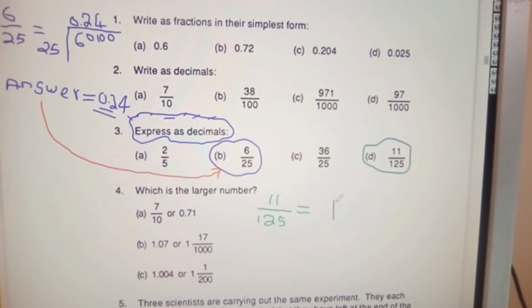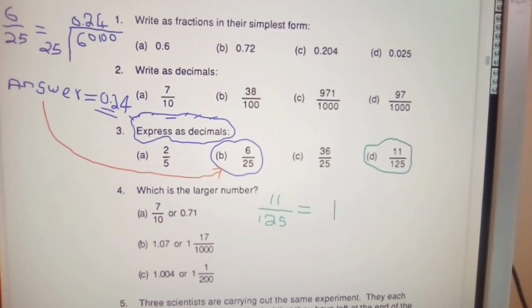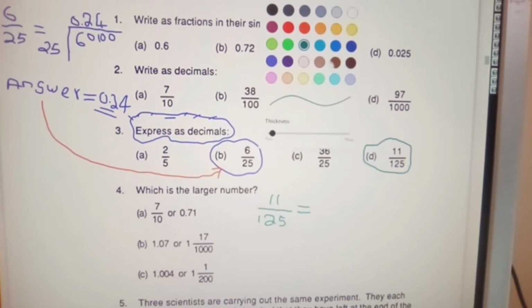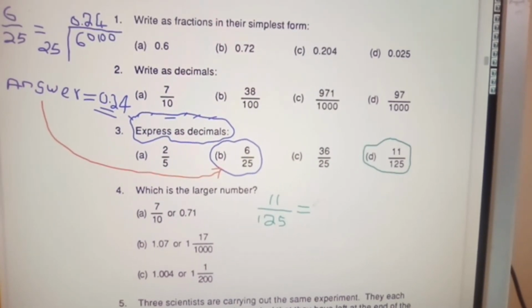Okay, make sure I bring my bracket. Let me just move my bracket down a little bit. Okay, let me get back my pen. Thank you. Let me close my palette. Okay.